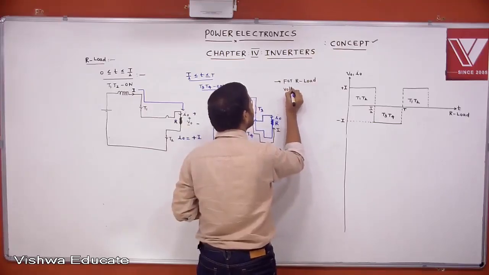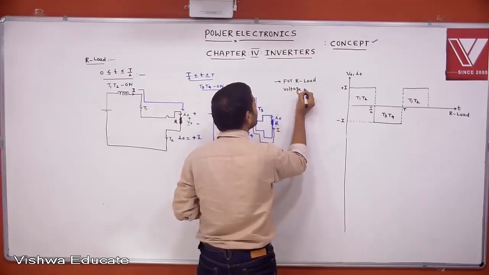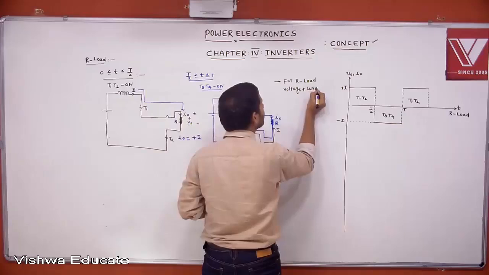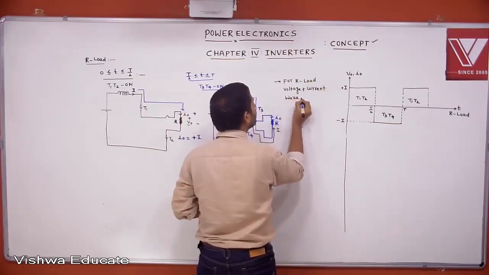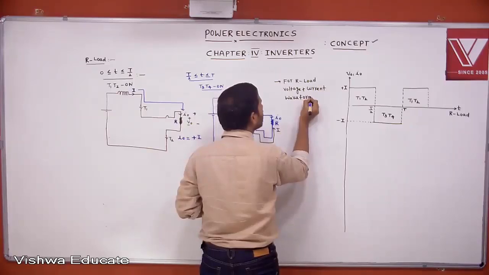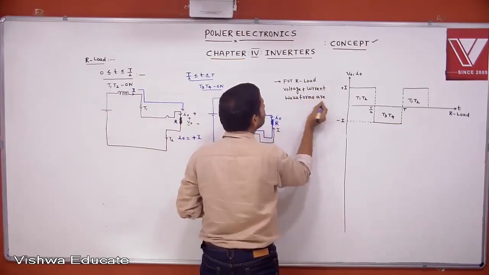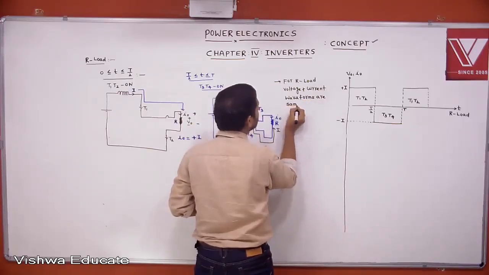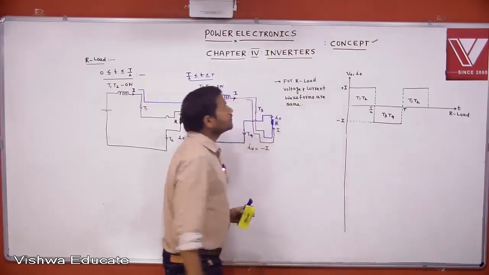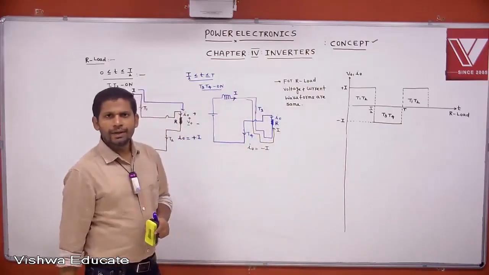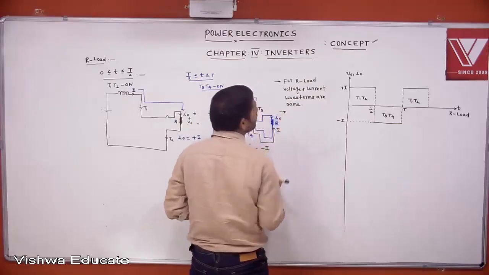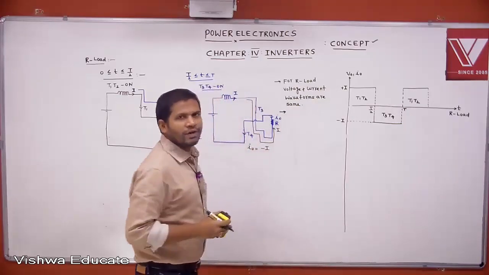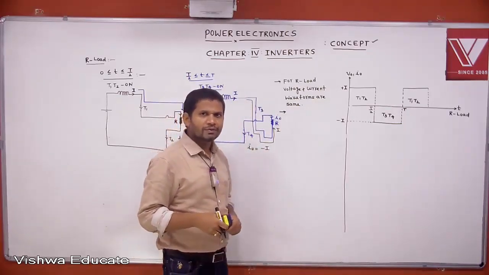Voltage and current waveforms are same for our load. Now, in current source inverter, we are not using any feedback diode.